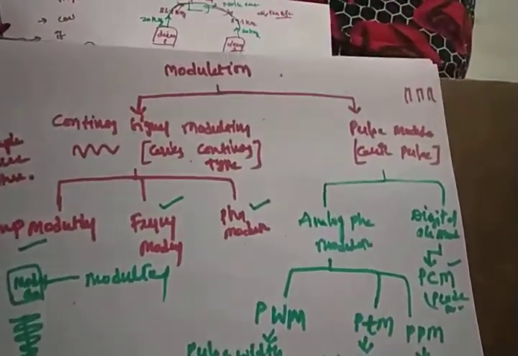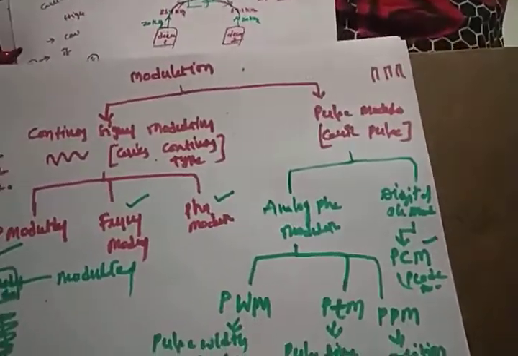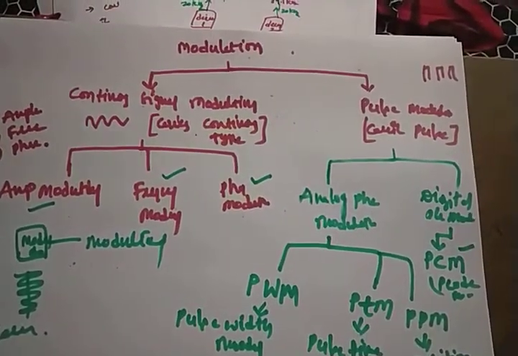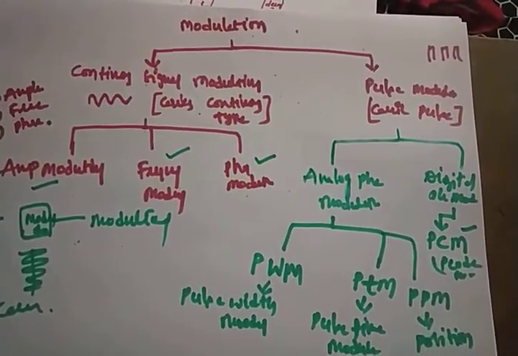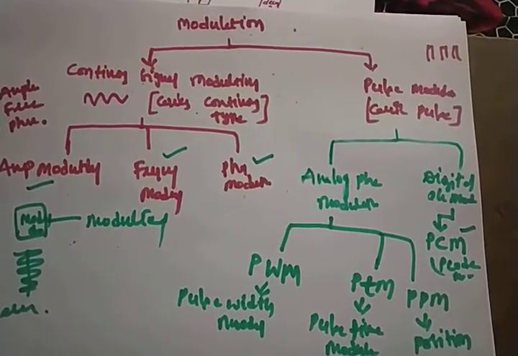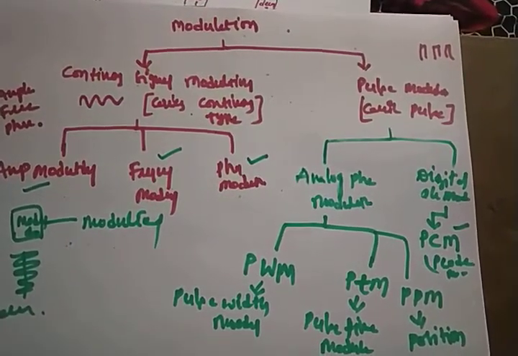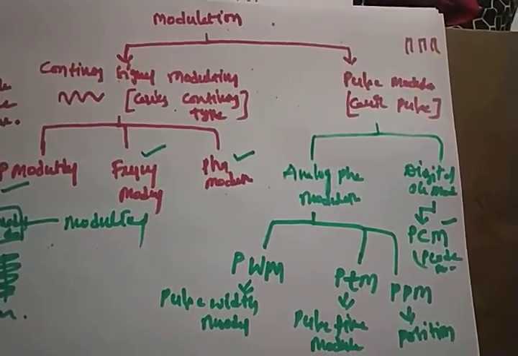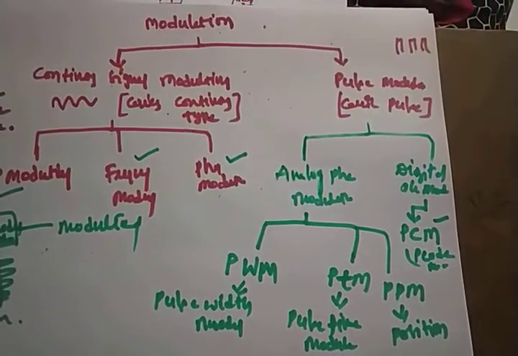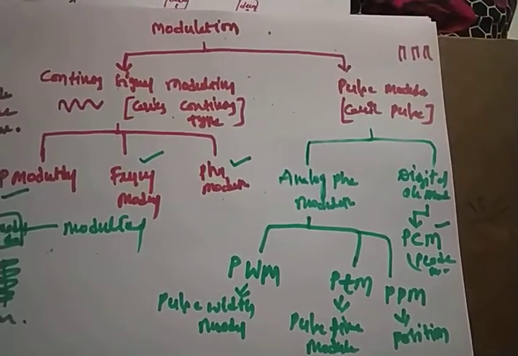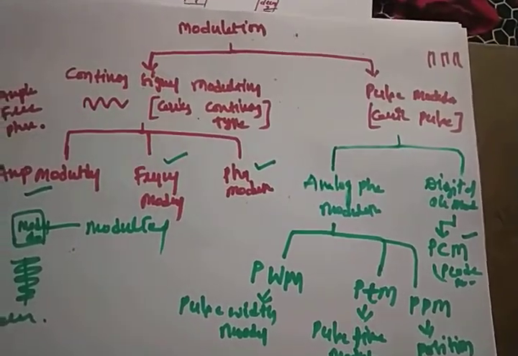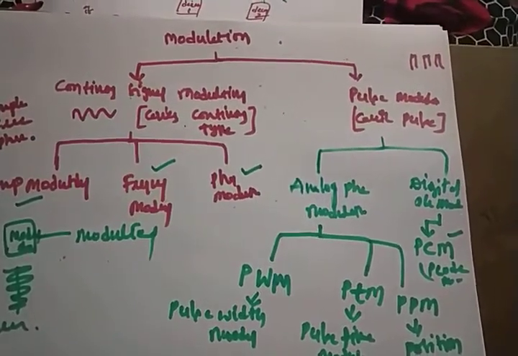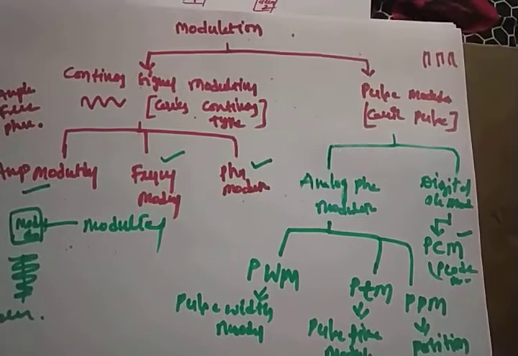Alright, so that's the concept. What are the different types of modulation? There are two types: continuous signal modulation and pulse modulation. Continuous signal modulation means the carrier wave you are using is a continuous type, right? If the carrier signal is a pulse type, it is pulse modulation. Continuous type is sinusoidal, which has an amplitude value, frequency value, and phase value.